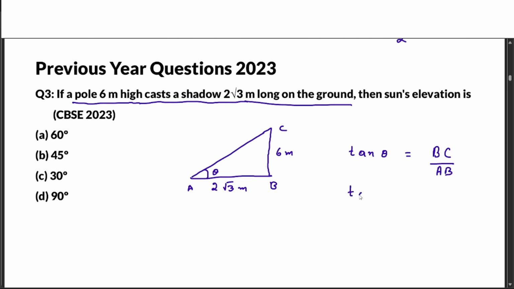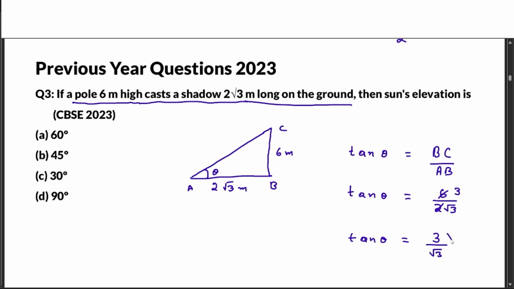Now tan theta is equal to BC, which is given as 6, over AB, which is 2√3. So this and this will get cancelled, and you will get 3 over √3.